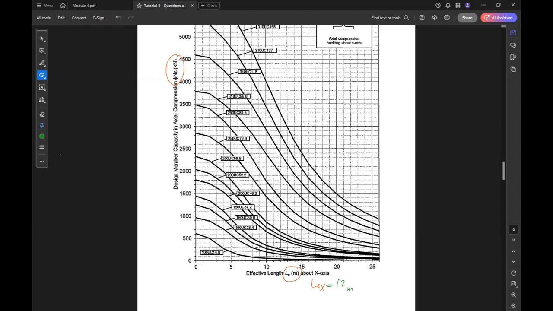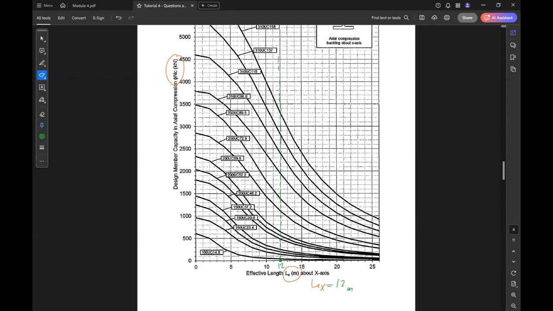So at 12, if we draw a straight line vertically and go up, this is our line.